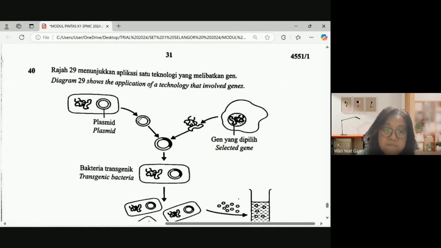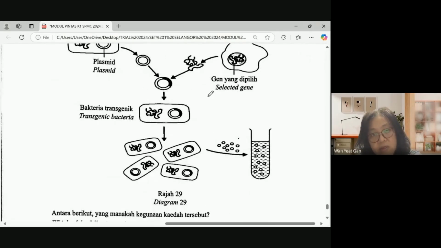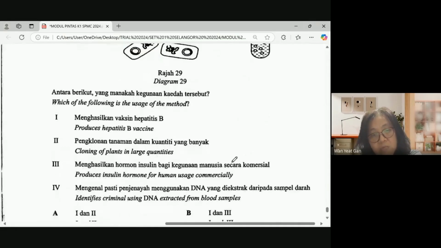Question 40. Diagram 29 shows the application of a technology that involves genes. So we can see here that this technique is genetic engineering, in which the plasmid is taken out and inserted with a selected gene. So the method is used for producing hepatitis B vaccine, as well as producing insulin for human usage commercially.